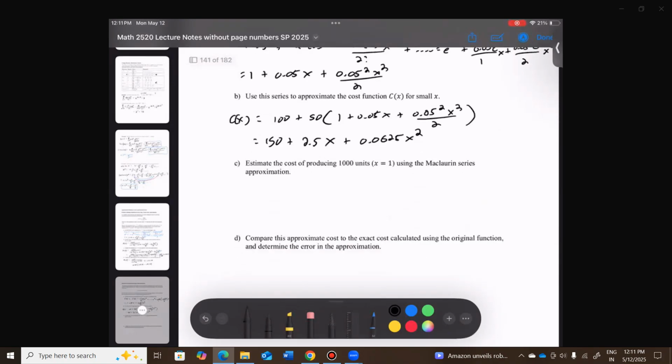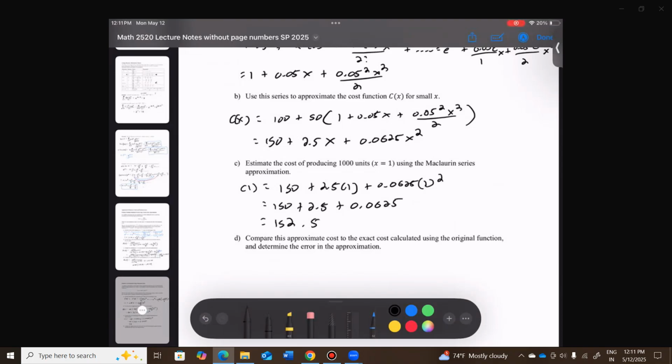So if we estimate the cost of producing 1,000 units, x equaling 1, using the Maclaurin series approximation, we'll find C of 1, which is 150 plus 2.5 times 1 plus 0.0625 times 1 squared. So we get 150 plus 2.5 plus 0.0625, and so we end up with 152.5625.